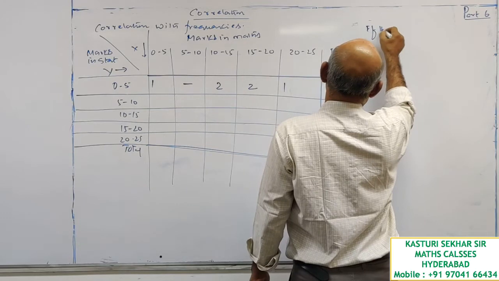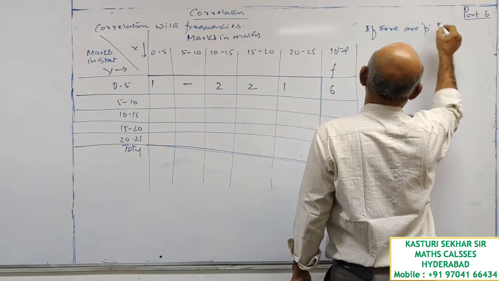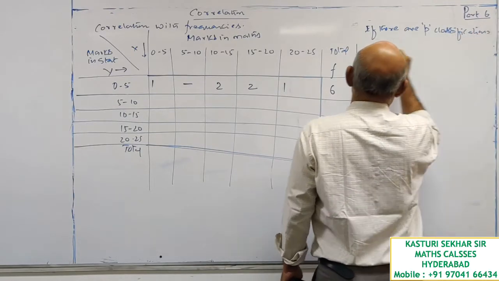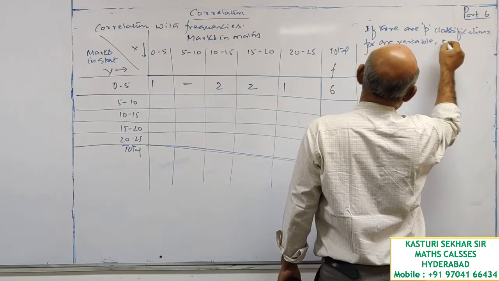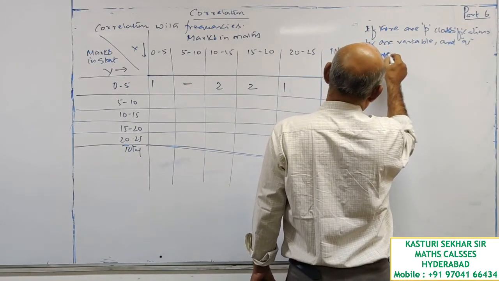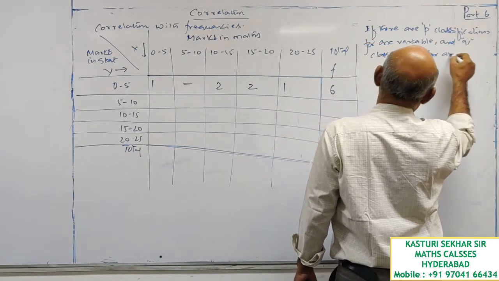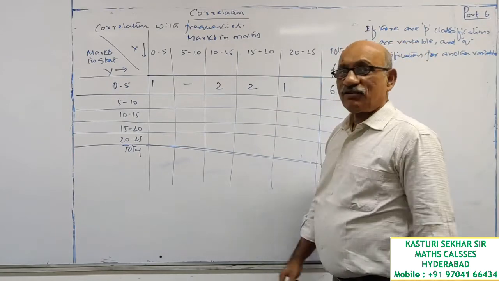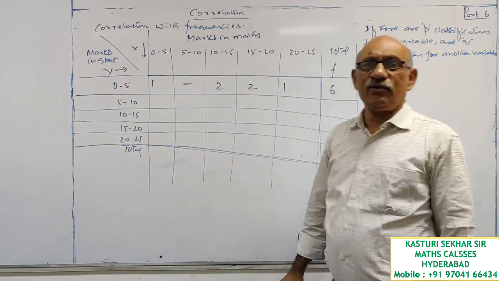If there are P classifications for one variable and Q classifications for another variable. Classification means 0 to 5, 5 to 10, 10 to 15, 15 to 20, 20 to 25.